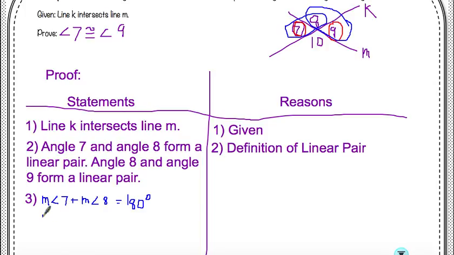And we're going to state that the measure of angle 8 plus the measure of angle 9 is equal to 180 degrees.